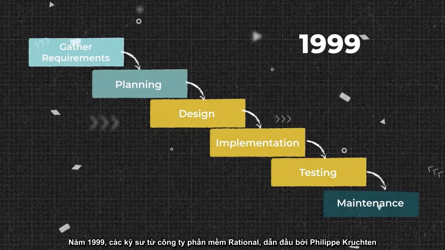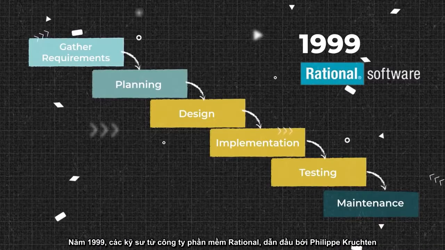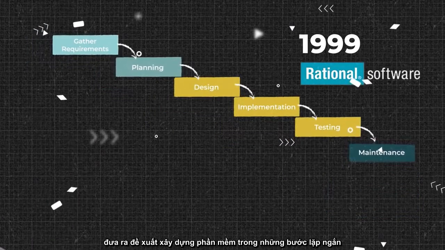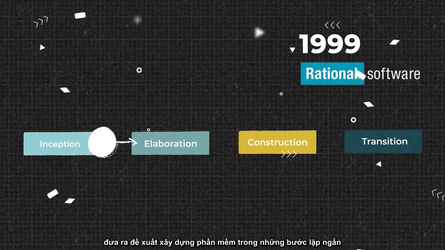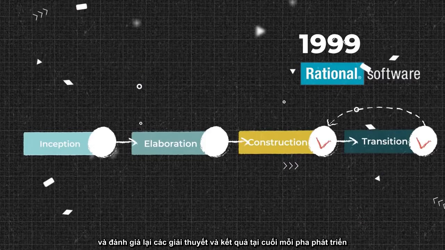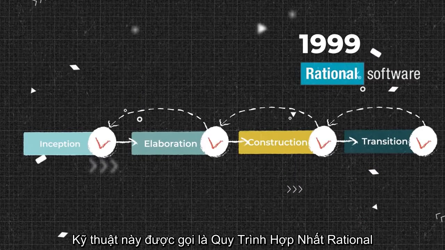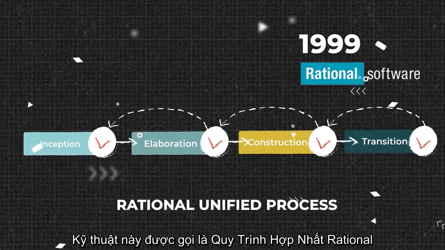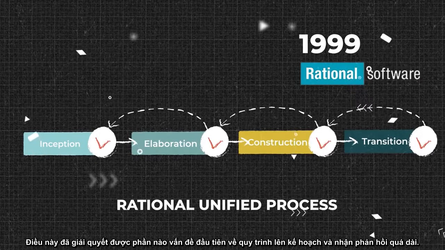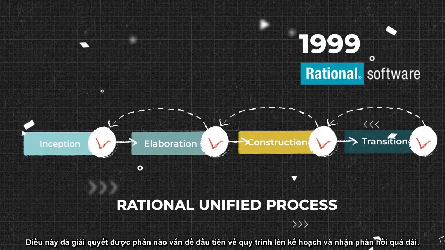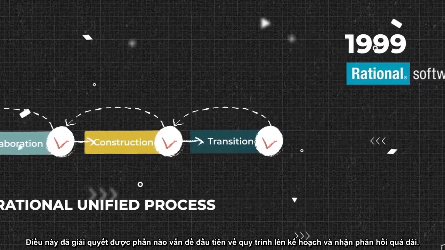In 1999, engineers from Rational Software, led by Philippe Kruchten, suggested building software in short iterations, reevaluating assumptions and results at the end of each development phase. This technique was called the Rational Unified Process, and this partly solved the first problem related to long planning and a feedback cycle.